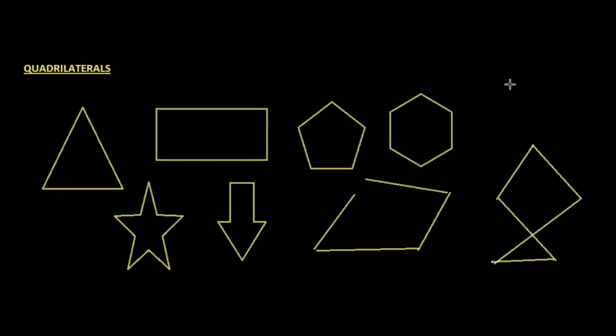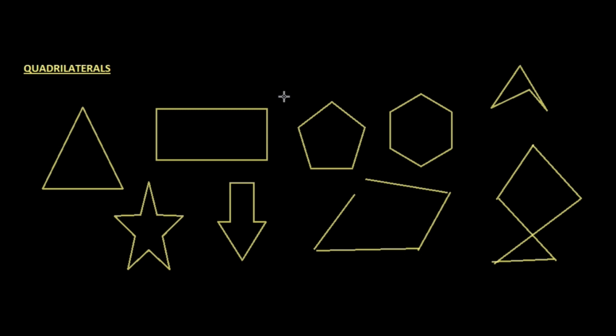And then what about a figure like this, where we have got this, and this? Is this a polygon? Yes, this is a closed figure and this is a polygon, and it is also made up of line segments. Now what about something like this?